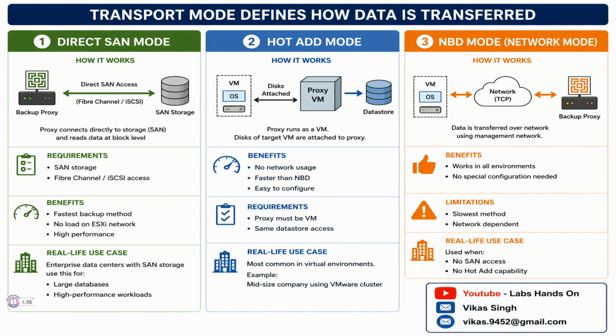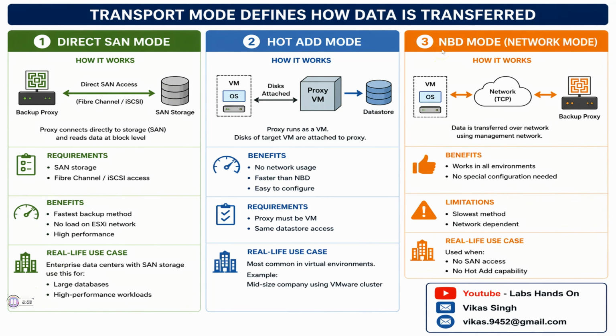Instead of pulling data over the network, the proxy reads the data directly from the attached disk, which gives better performance than network mode and avoids network usage. The requirements are very simple: your proxy must be a virtual machine, and it must have access to the same datastore as the target VM. In real environments, most mid-size companies use Veeam with hot add mode, because it's easy to configure and does not require specialized storage like SAN.